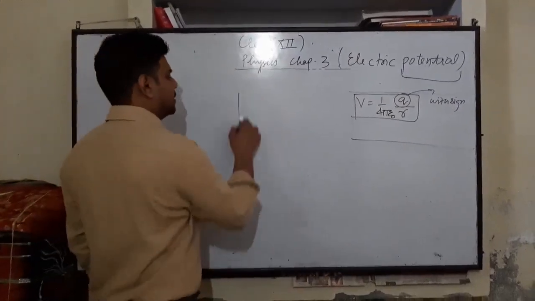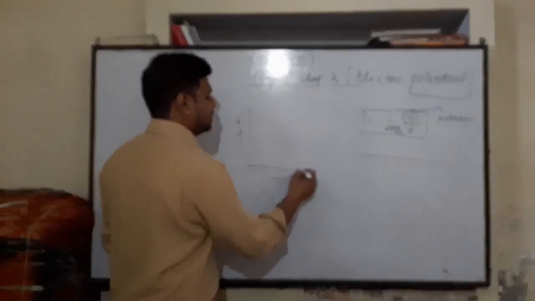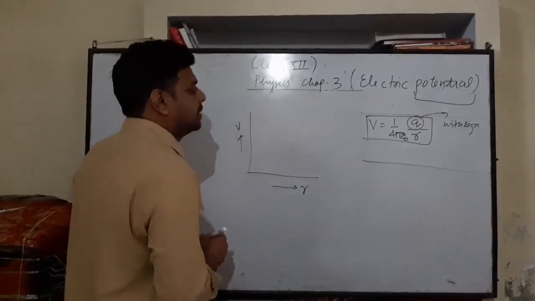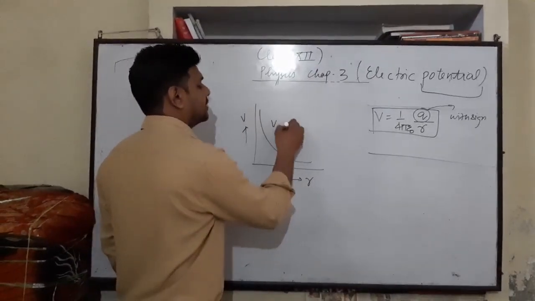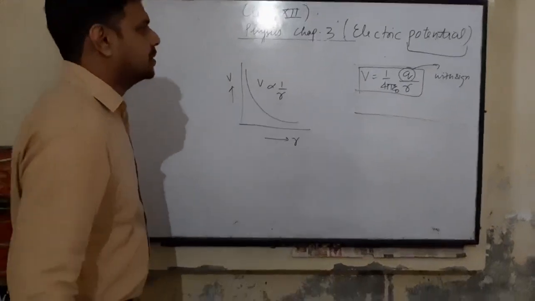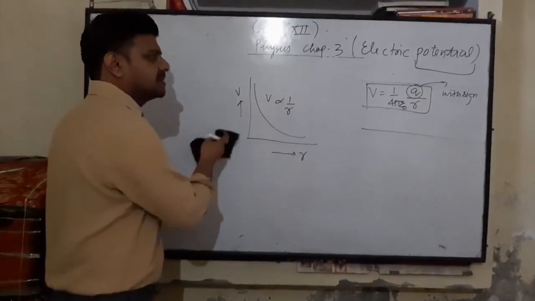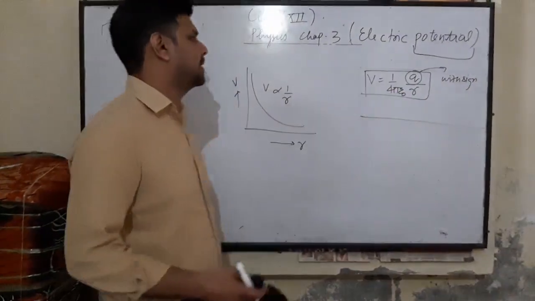If we plot the graph of V versus r, then it will be like this. V is inversely proportional to r. This is the graph, and we place the value of Q with sign.